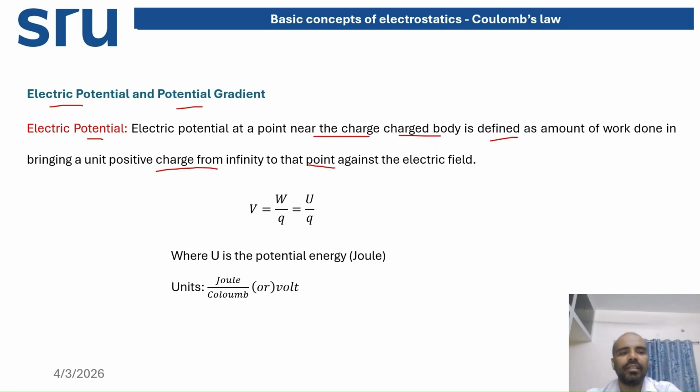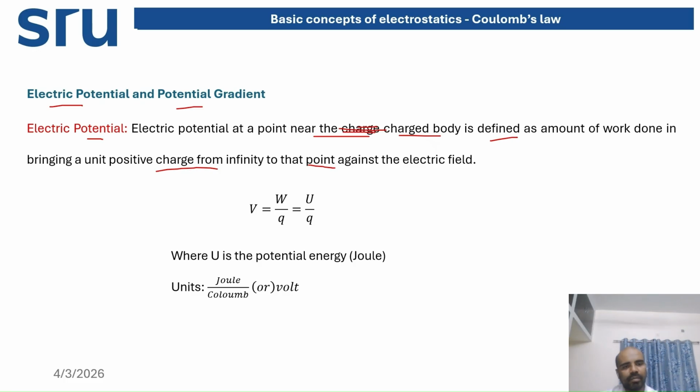So the electrical potential is defined as the amount of work done in bringing a unit positive charge from infinity to a particular point near a charged body, right?